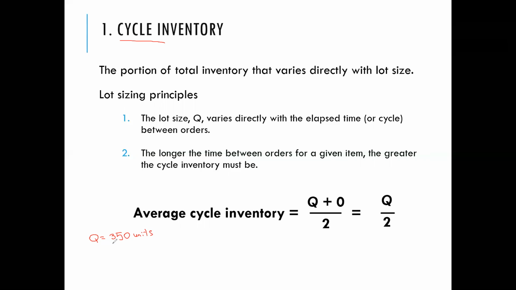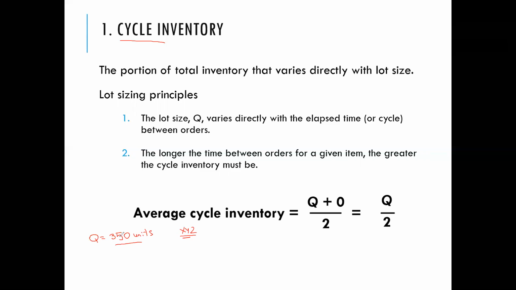Basically, whenever you as an organization buy this item, you always buy them in quantities of 350. So let's just call this item XYZ. Let's say we are buying this item from a supplier. Whenever we buy this item from a supplier, we order in quantities of 350 units. That is essentially what lot size means.